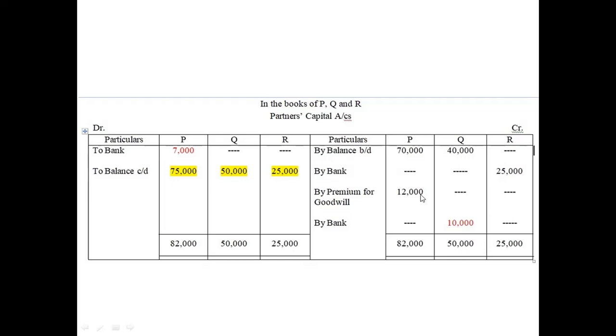After that you leave this space here. Don't do the total now, so don't write anything here also. And here what you have to do is write to balance c/d. But before you write to balance c/d, you have to leave some space here, so that at least one or two entries can fit here.